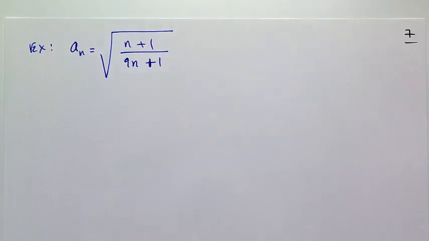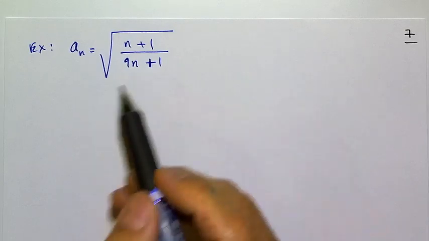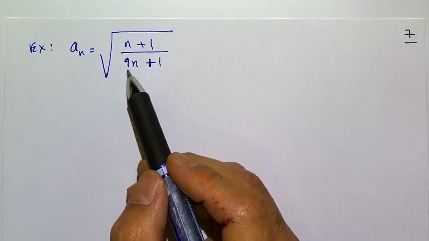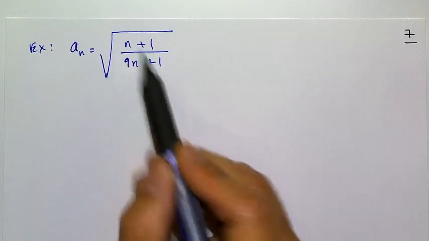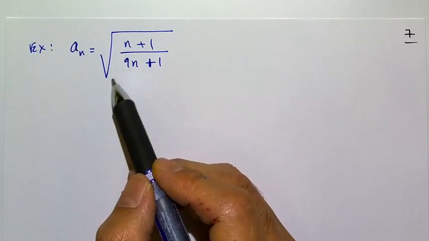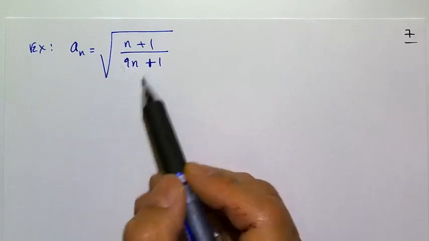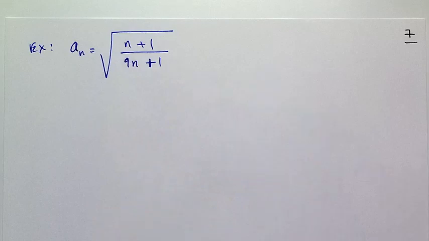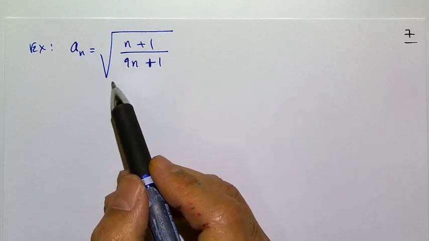Well, again, please pause the video, spend no more than 10 minutes or less to find the answer to this. See if it converges. If it does, find the limit of it, and then come back to the video.